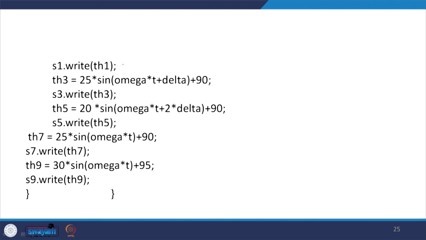And then we have S1, theta3, S3 and theta5, S5, theta7, S7, and theta9 and S9. So, this way we calculate the angle and then we give that command to the motor to rotate by that many degrees.